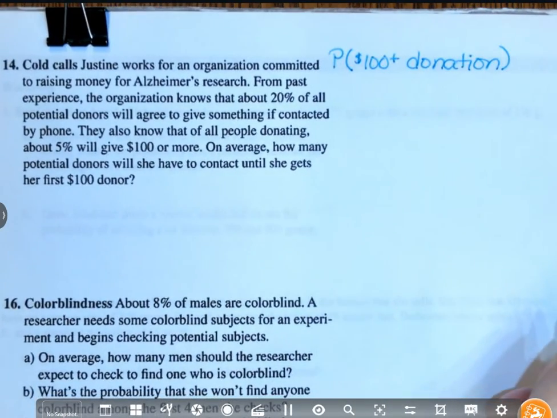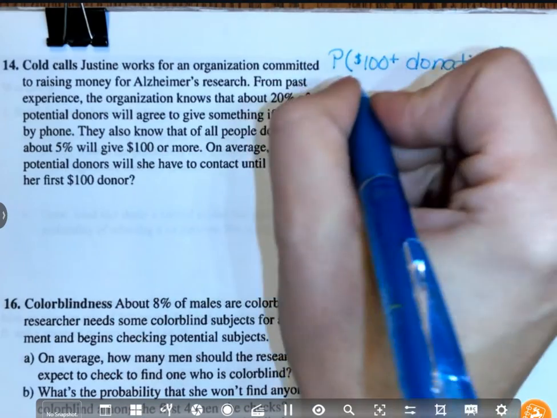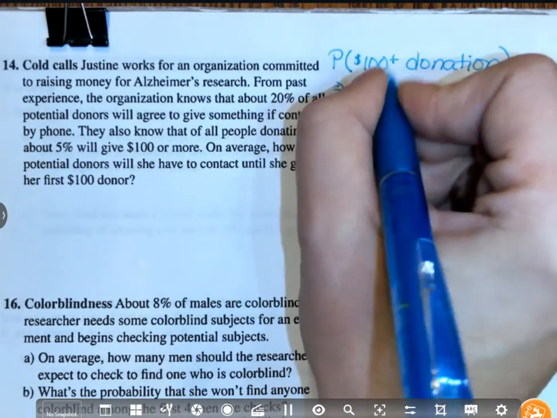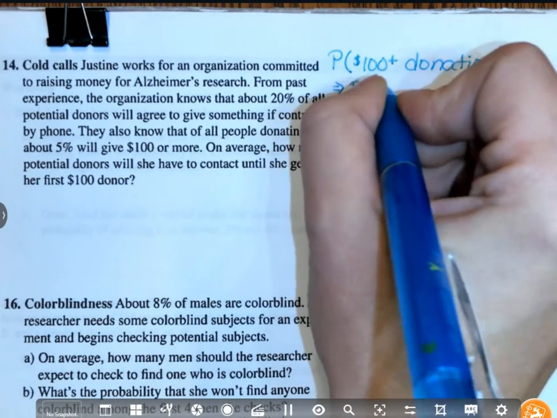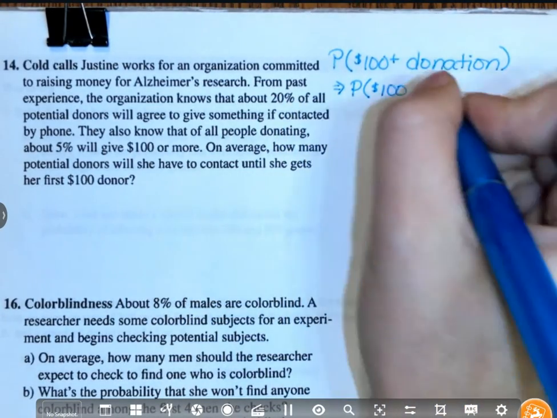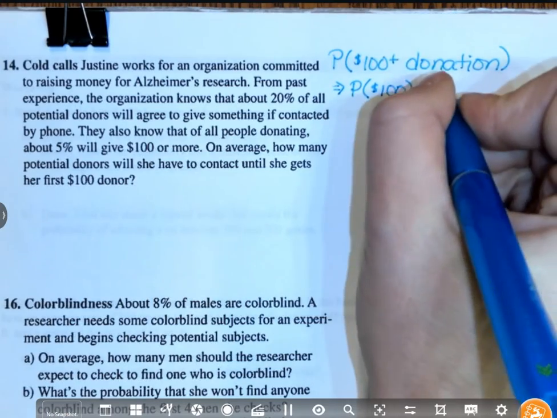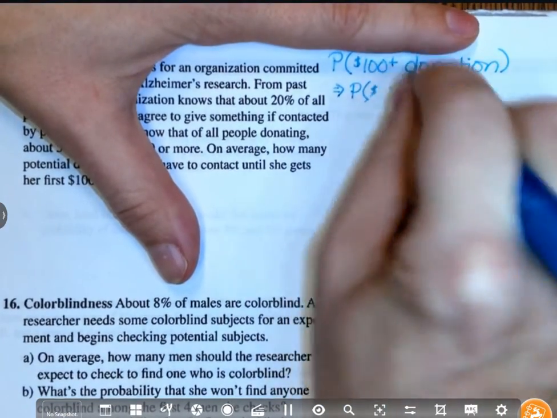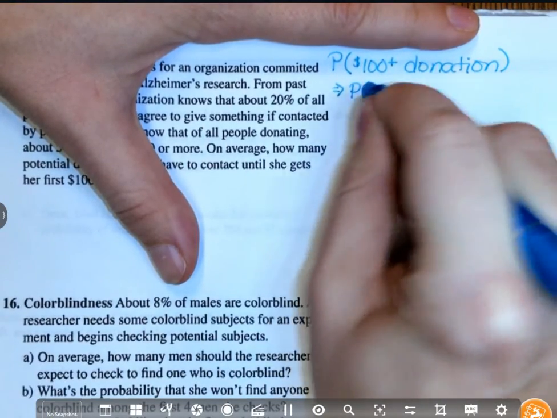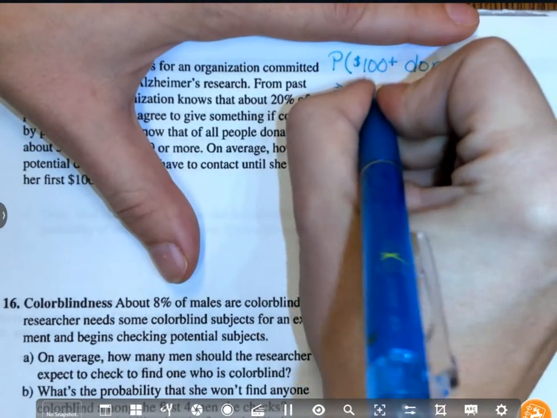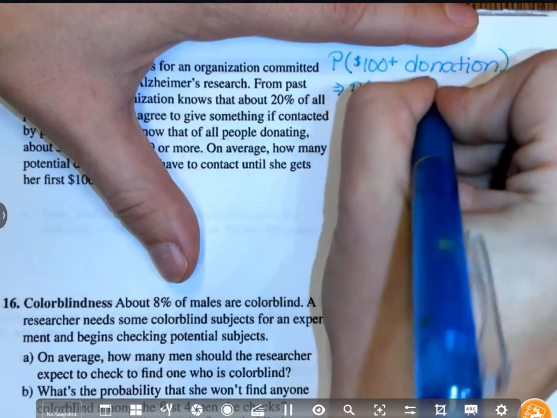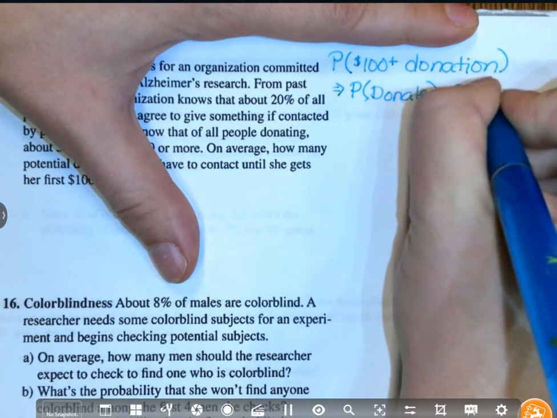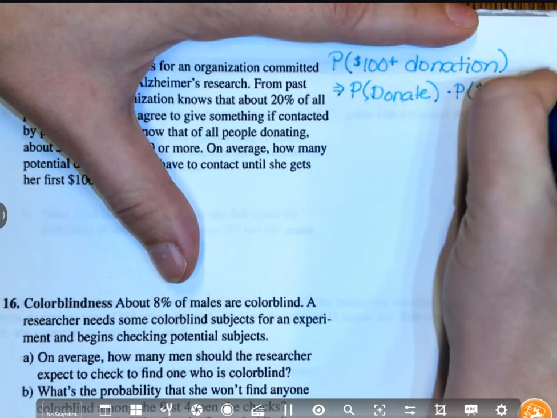If I think about that and what we've talked about before, that's also the probability of getting $100 times the probability, I'm sorry, it's backwards. We have to first start with the idea that they actually donated. It's the probability that they donate times the probability that they give $100 or more, given they've donated.